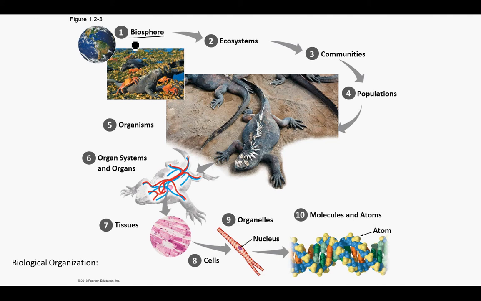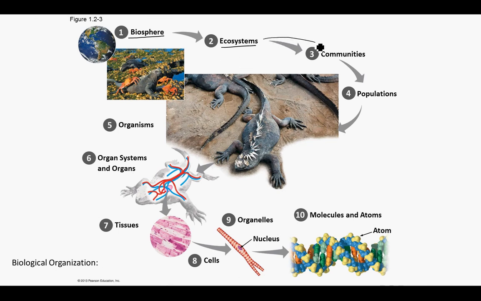And then from the biosphere, we start to focus in on the organisms themselves. So from the biosphere, we go to ecosystems, and ecosystems are generally like ocean ecosystems, land ecosystems. Might be looking at a desert ecosystem, and it's all the organisms that are found in those geographic locations. So ecosystem is a lot about geography.